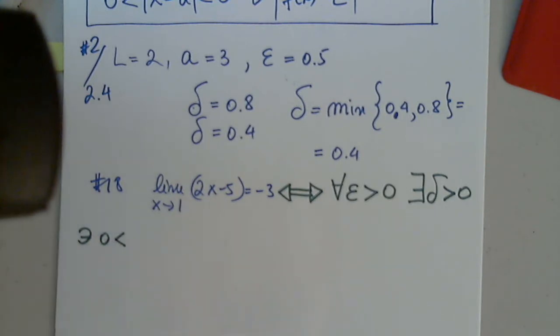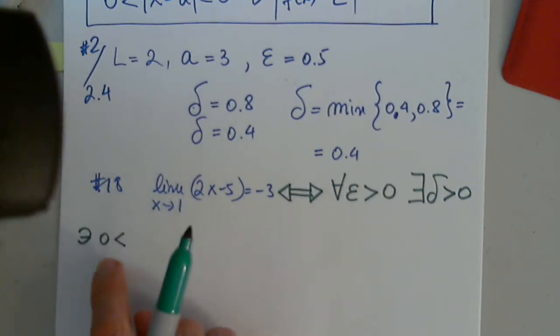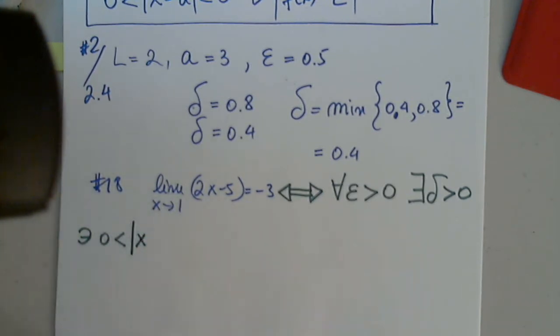0 less than. What do you think? Kush, how do I continue? Look at the definition and tell me how you will write it. It's going to be the absolute value of x minus... Is it going to be 2x minus 5?